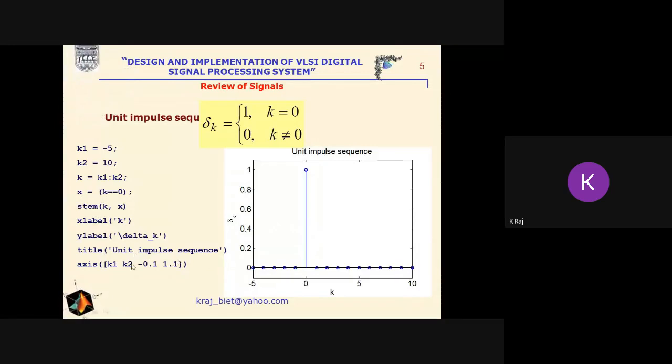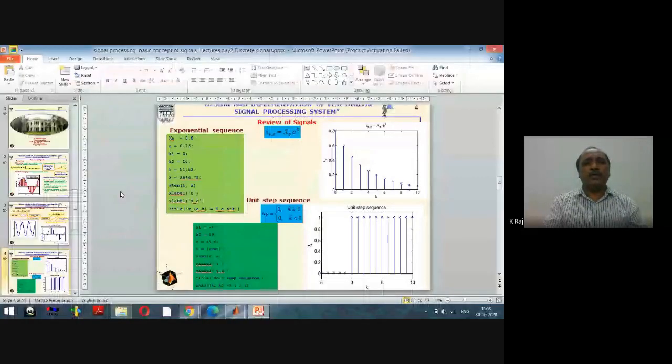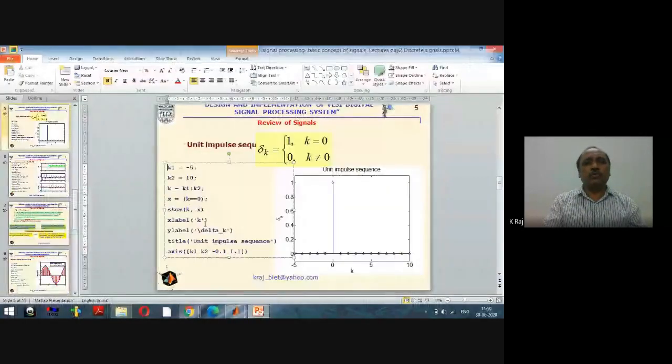The title is the unit impulse sequence, and the axis range of the x-axis is k1 to k2. Now this is the sequence that will be generated by these codes, and again we can check these codes by writing them in the command window of MATLAB.